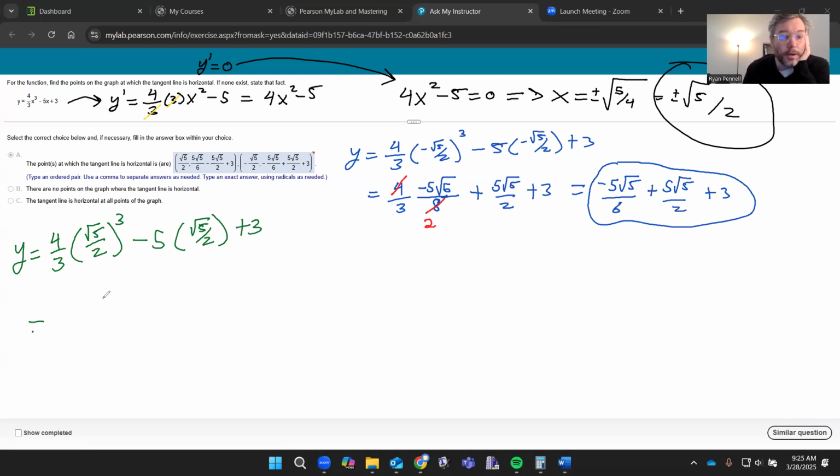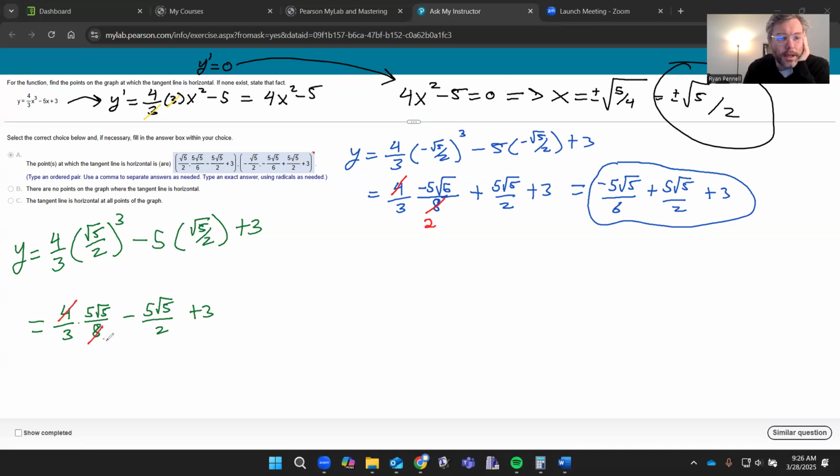Okay, similar, but don't have to worry as much about signs. So root 5 cubed would give me a 5 and a root 5 over 8, and we can see we're going to reduce there. 5 root 5 halves plus 3.